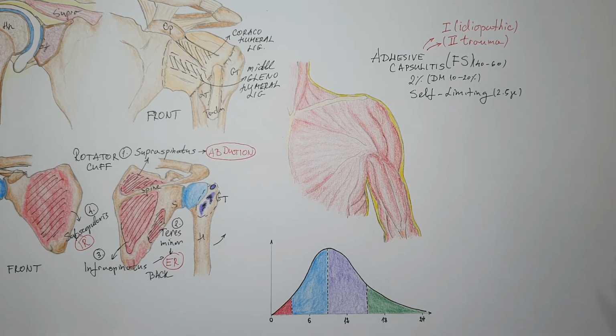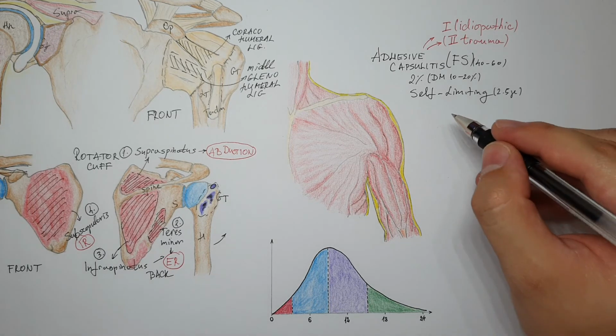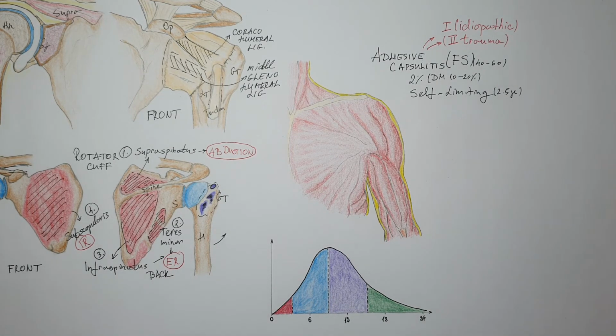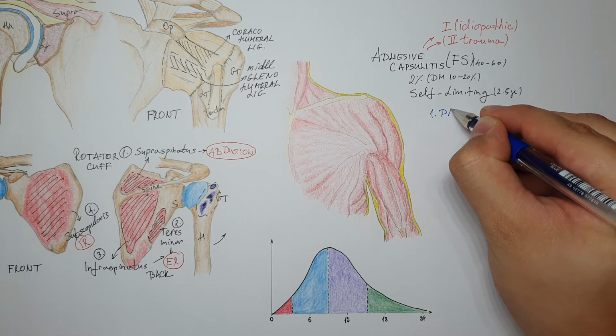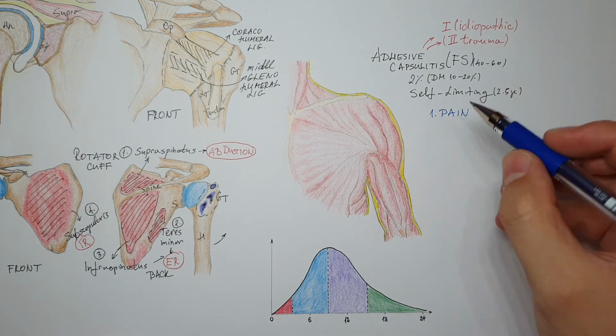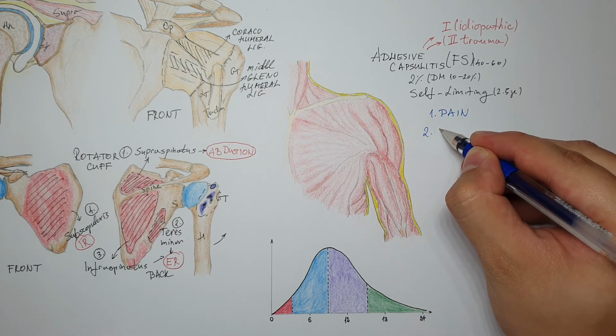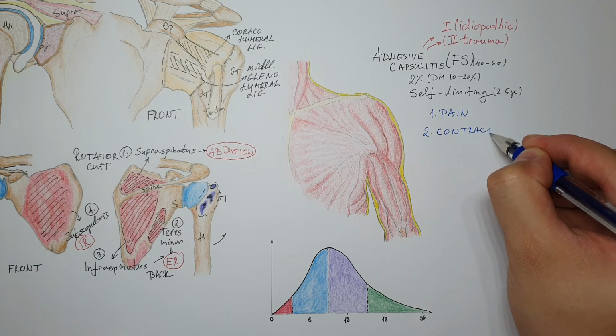The idiopathic and secondary, all of these frozen shoulder pathologies have two main characteristics, and those are pain and contracture. So all patients will have pain in the shoulder area, and they will also have contracture.